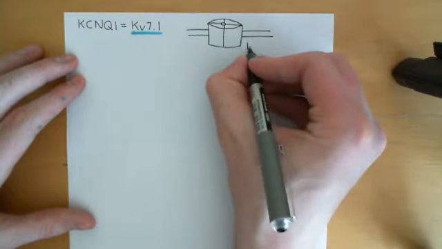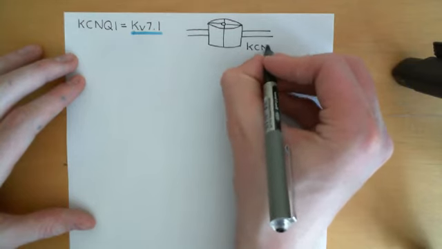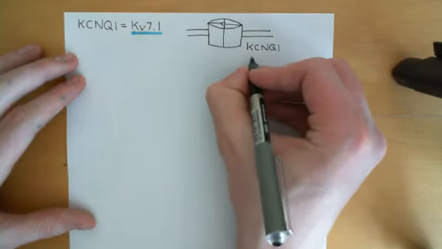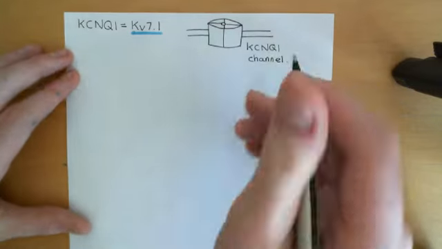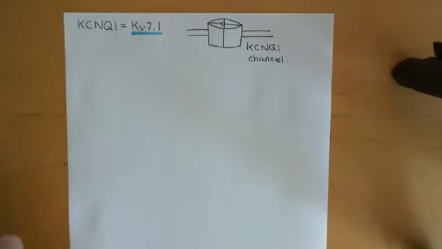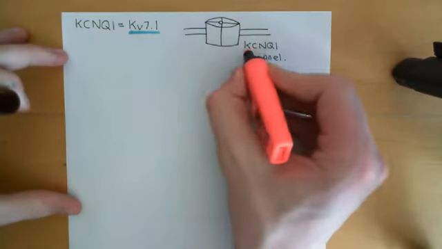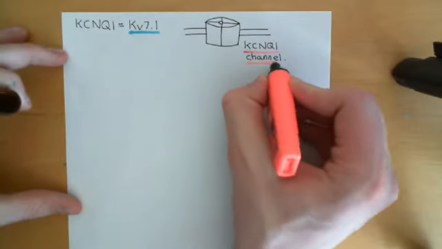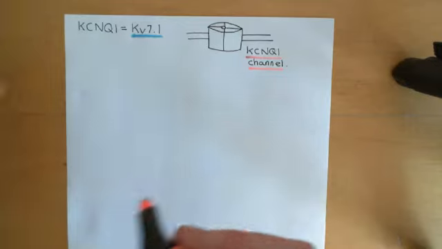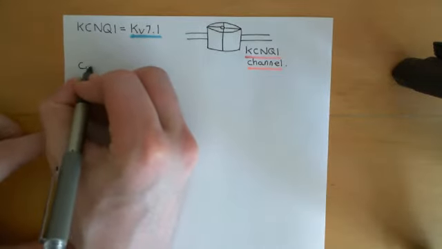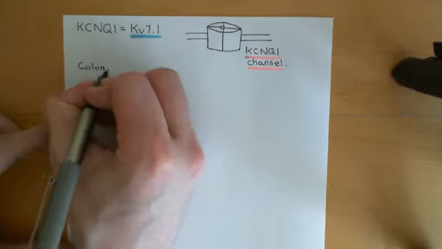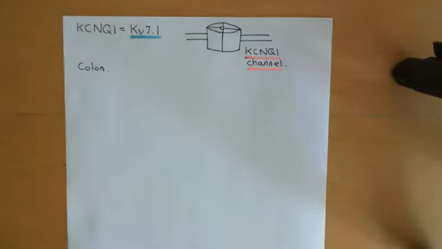The entire channel is then called a KCNQ1 channel, or a KCNQ1 homotetramer, or KV7.1 homotetramer, whichever you prefer. Basically, you find that in the early stages of neoplasia in the colon, KCNQ1 has a high expression, and in the later stages it has a lower expression.